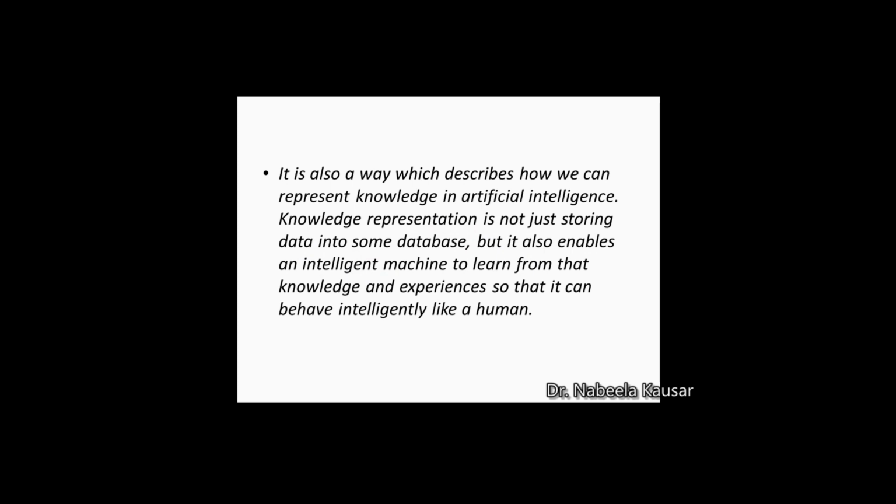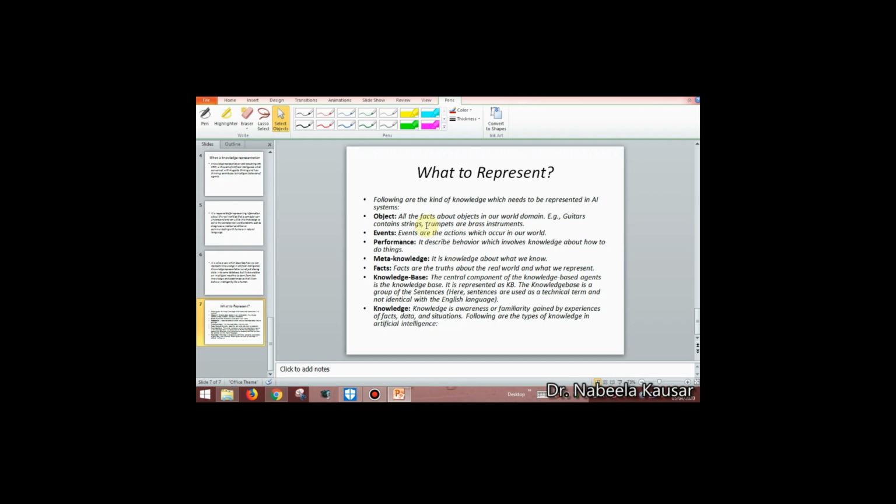It is also a way which describes how we can present knowledge in artificial intelligence. Knowledge representation is not just storing data into some database, but it also enables an intelligent machine to learn from the knowledge and experience so that it can behave intelligently like humans.